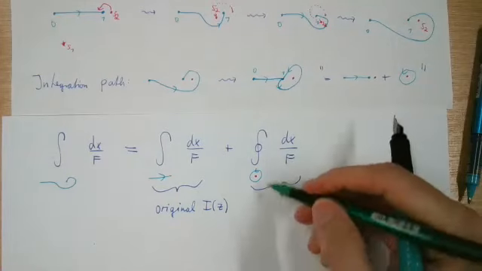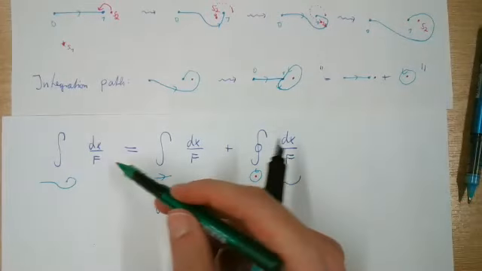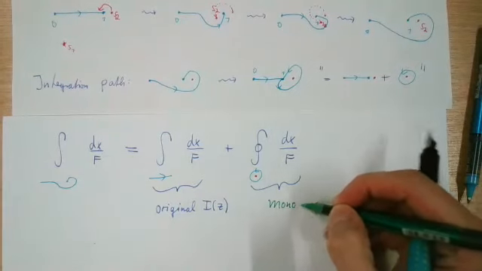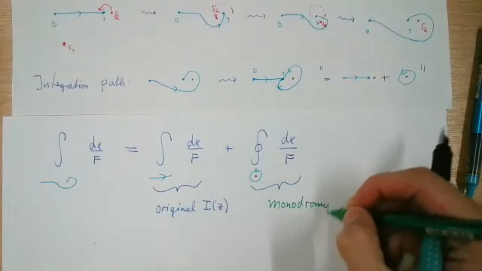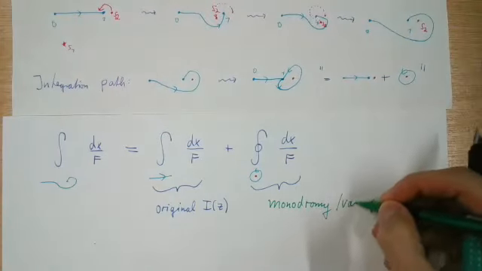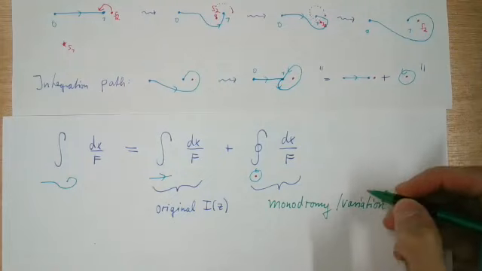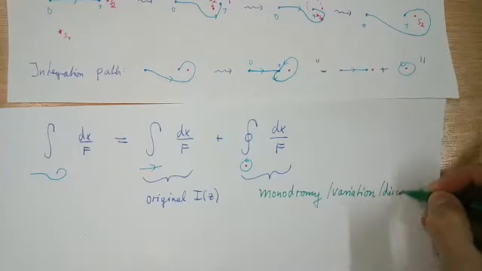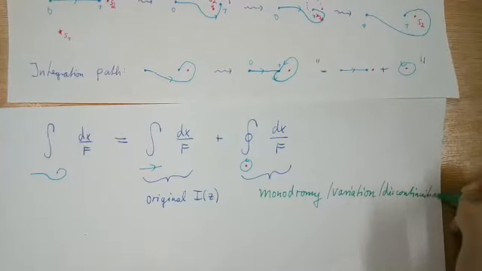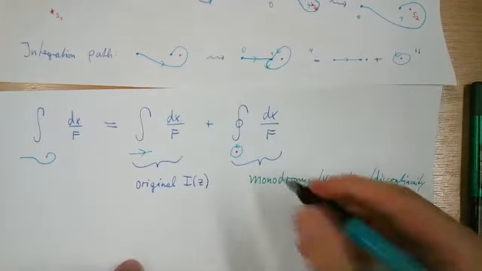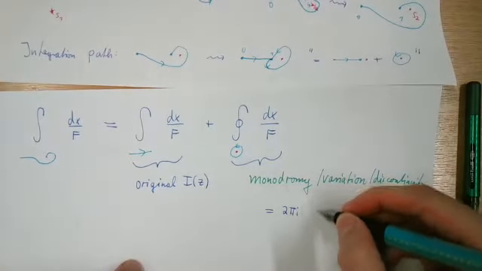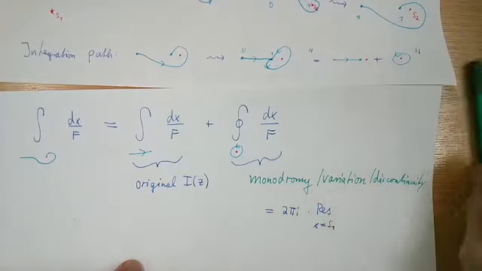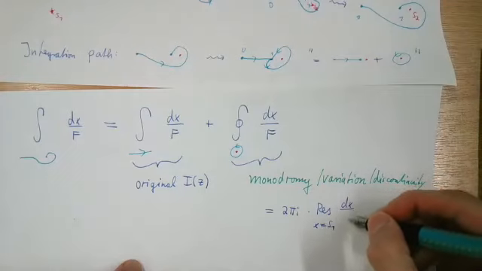So in general, this addition, the difference between the continued integral and the original integral, is called the monodromy, or rather the variation, or the discontinuity. And in this particular case, it's something like 2 pi i times the residue at S1 of dx over f.